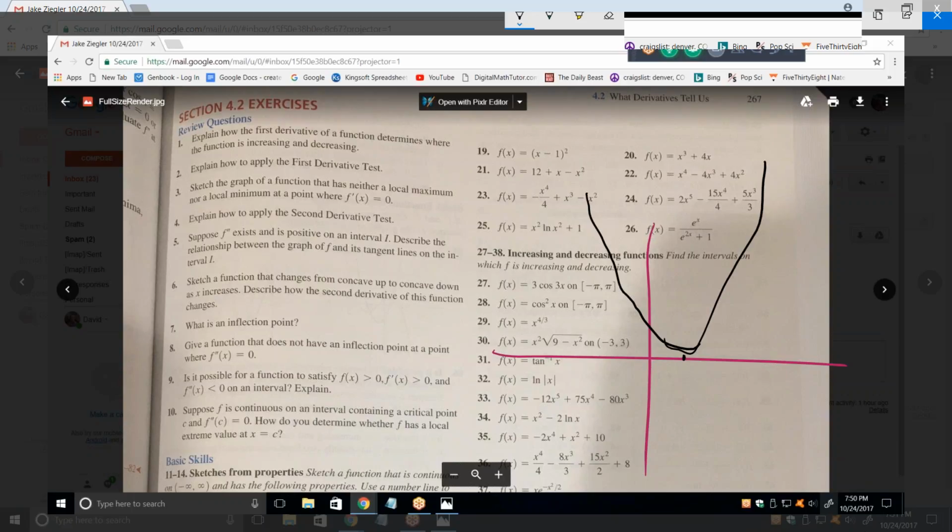Now, take the derivative of that. What is f prime of x equal to? It would be 2 times x minus 1 in parentheses times x. No, just x times the derivative of the inside. What's the derivative of the inside? Which is nothing.